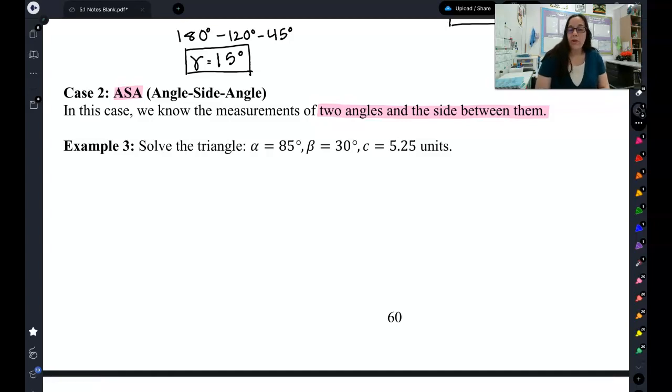So we're going to start by trying to draw this accurately. I've got my first angle, which is 85 degrees, which is barely less than 90. I've got another angle, which is 30 degrees. So I'll make this one about 30-ish degrees.